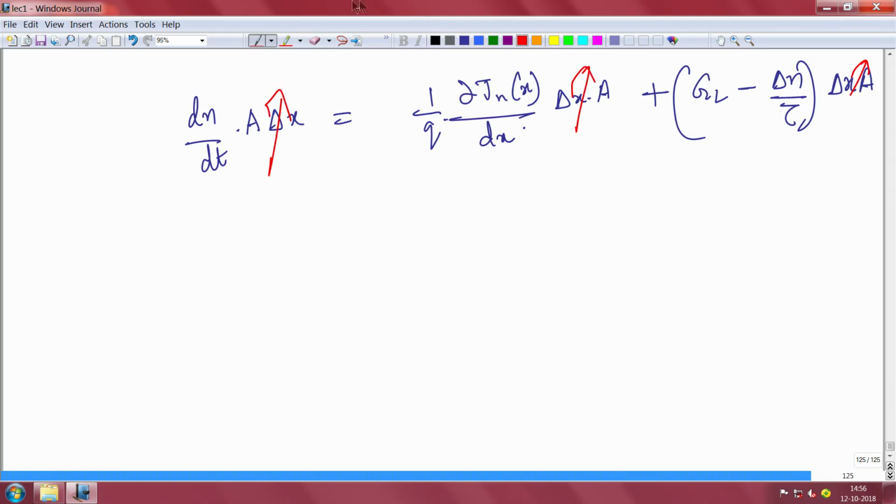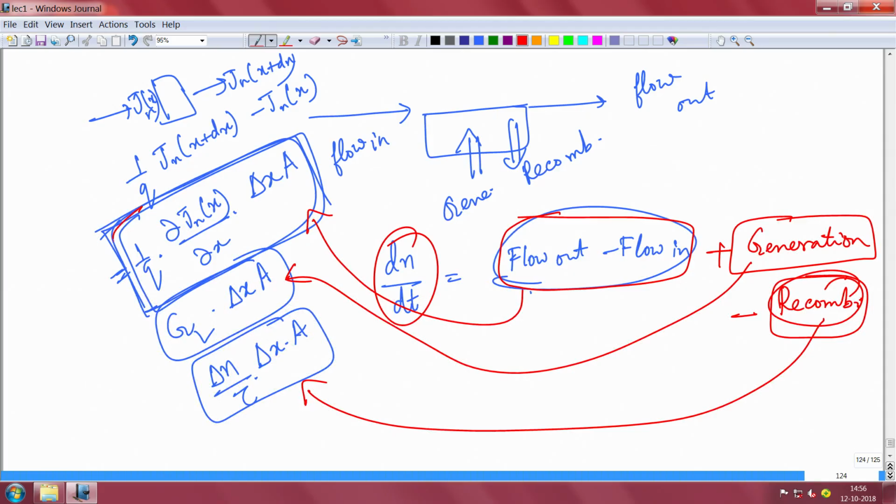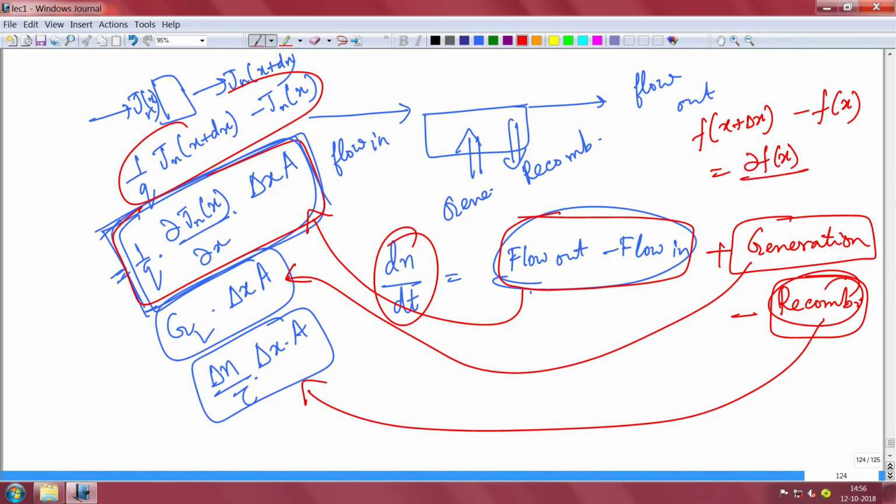If you remember, this derivative of the current comes as in the last class about the diffusion current: f of x plus delta x minus f of x is given by df by dx into delta x. That is what I am doing here.